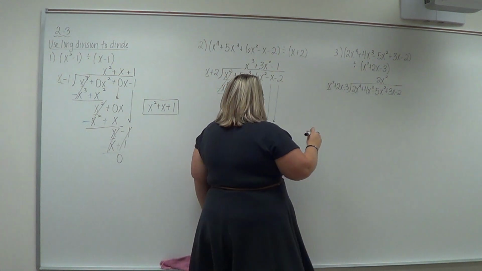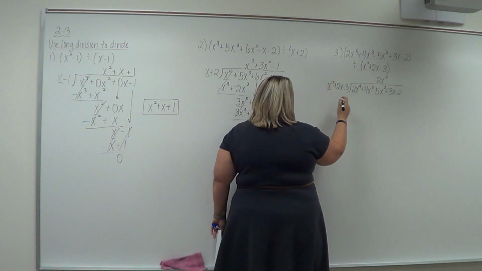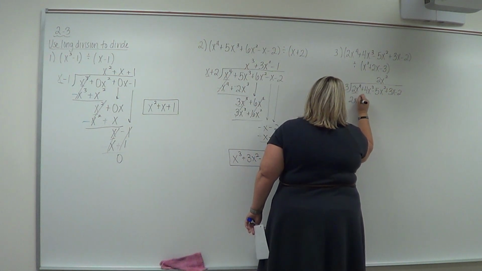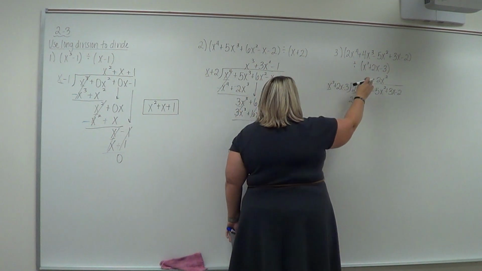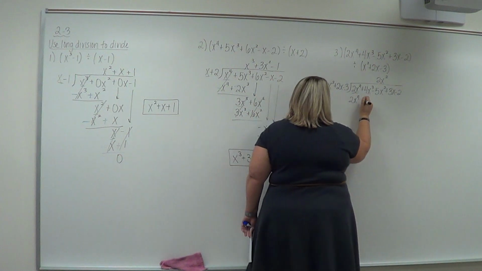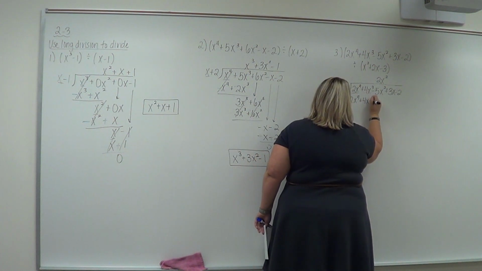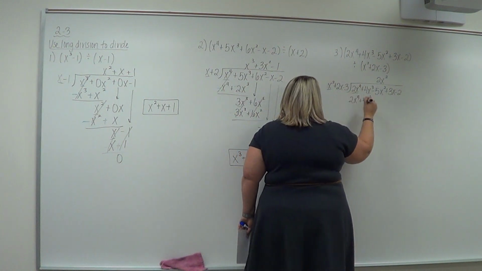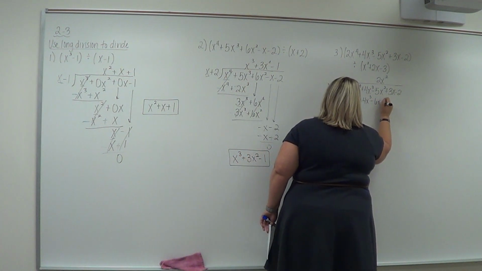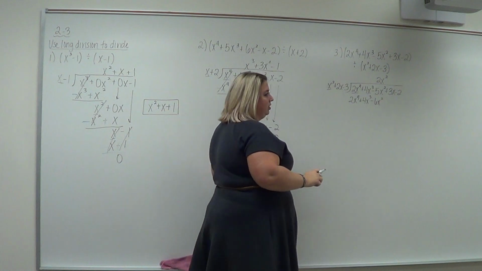Okay, then multiply. 2x squared times x squared, 2x to the 4th. 2x squared times 2x, 4x cubed. And 2x squared times negative 3 would be negative 6x squared.